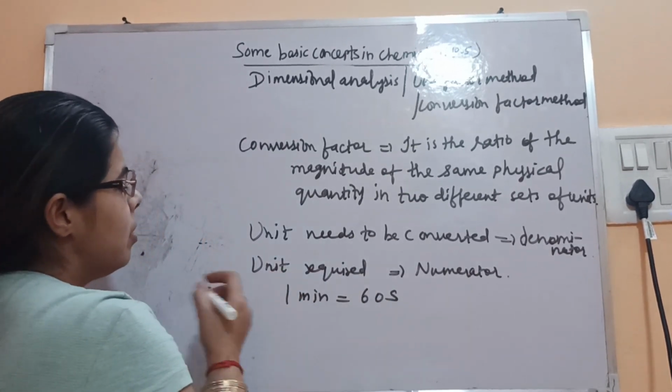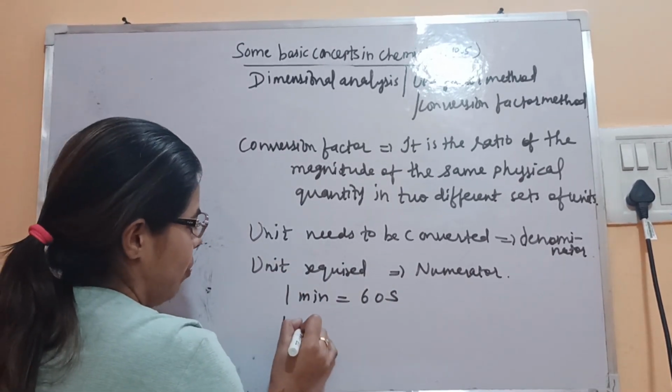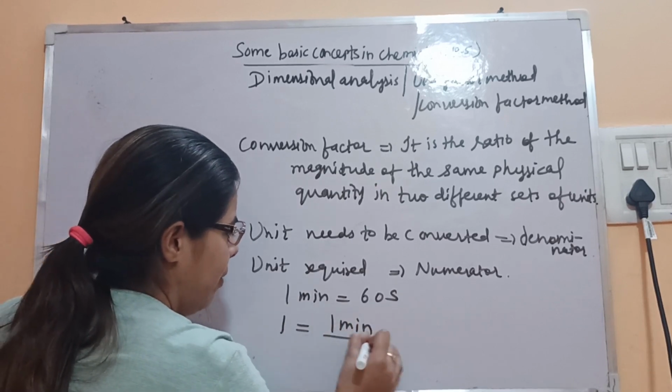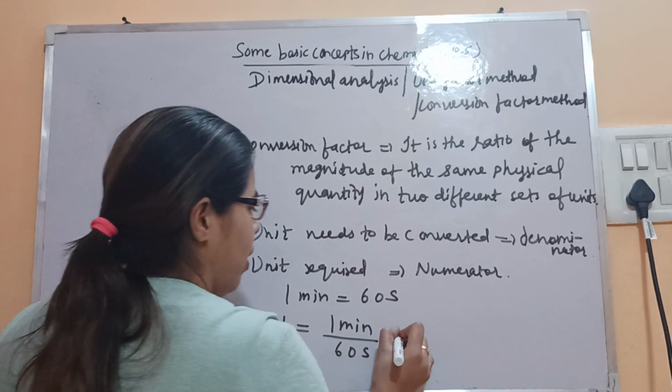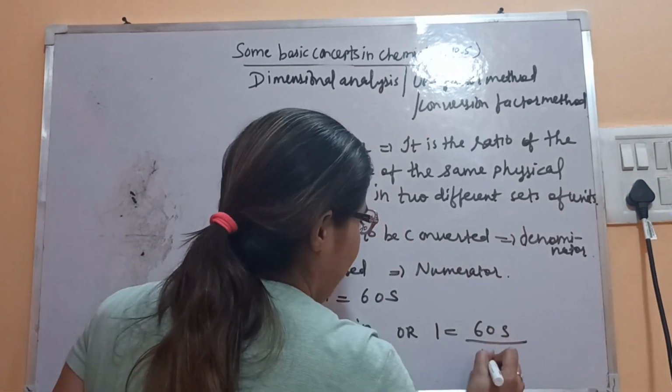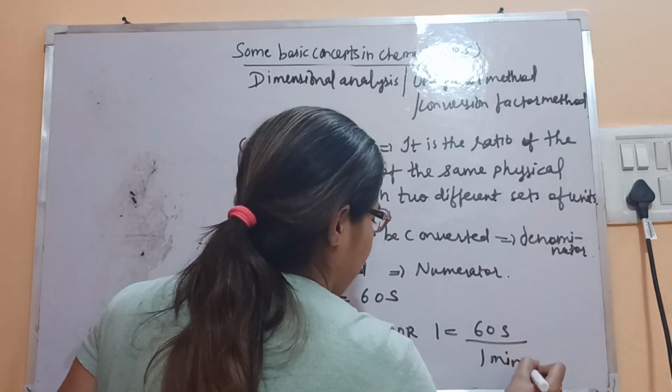Fine. So this we can write in terms of this also. 1 is equal to 1 minute divided by 60 seconds, or 1 is equal to 60 seconds divided by 1 minute.